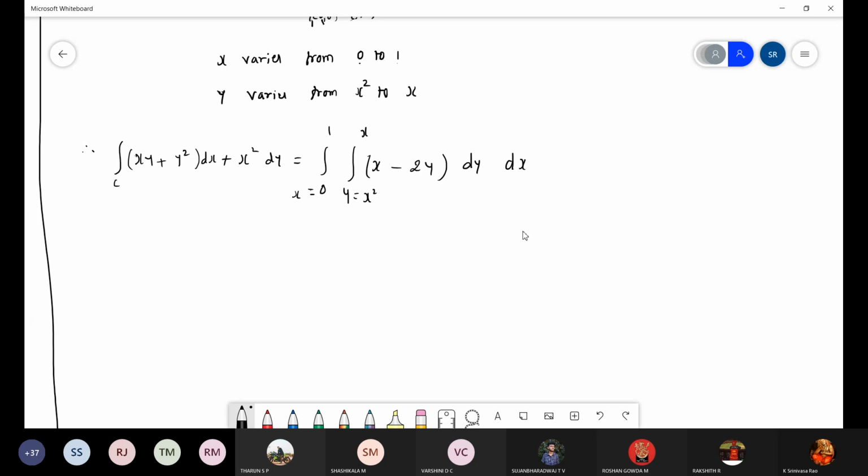Now, first integrate with respect to y. Double integration, integrate with respect to y. So in that case, the first integral you write as it is, x from 0 to 1. What is the integration with respect to y of these two terms?